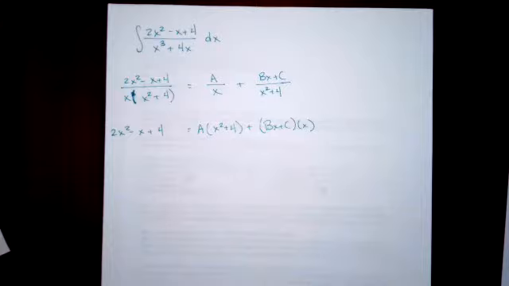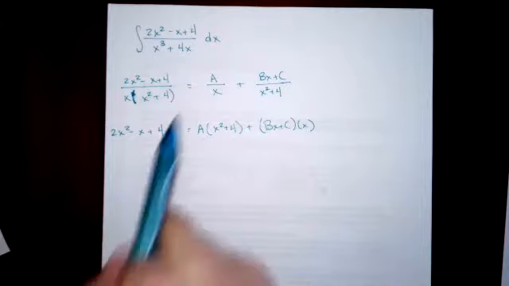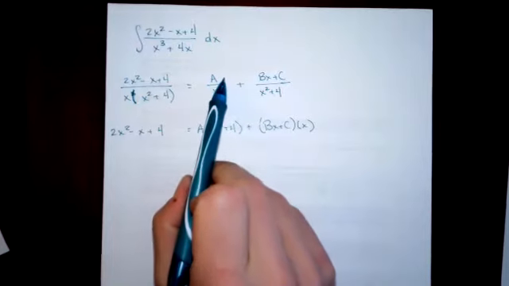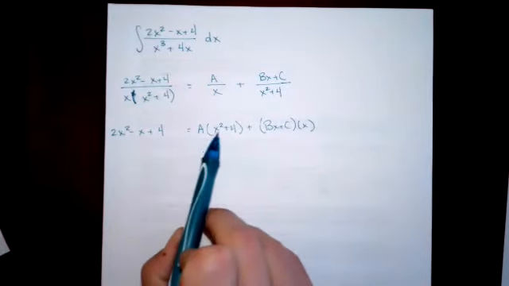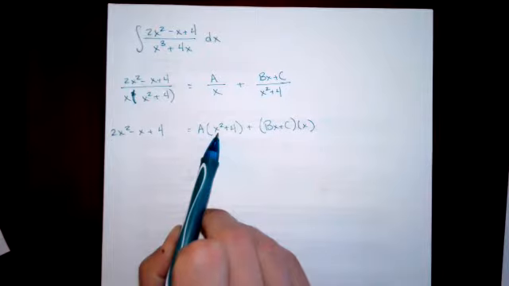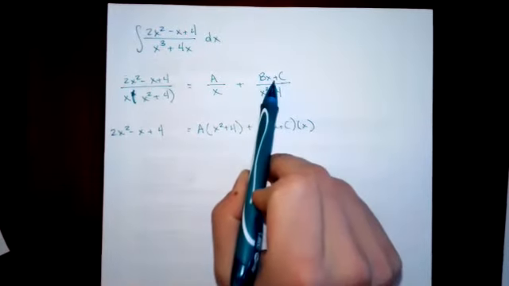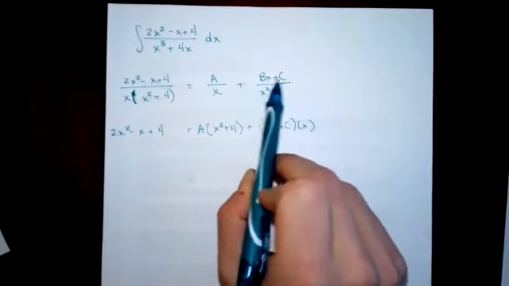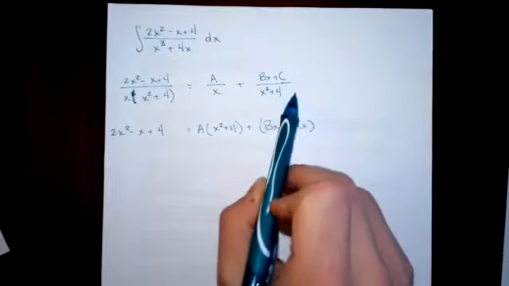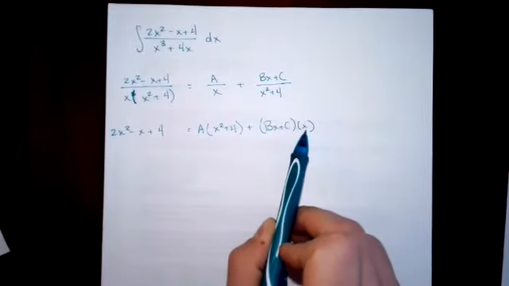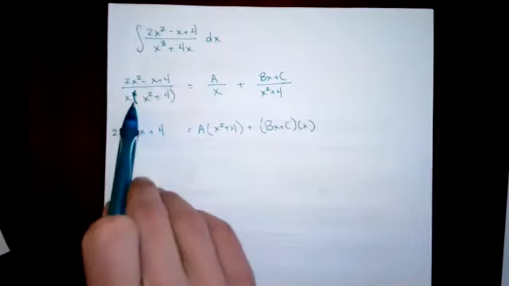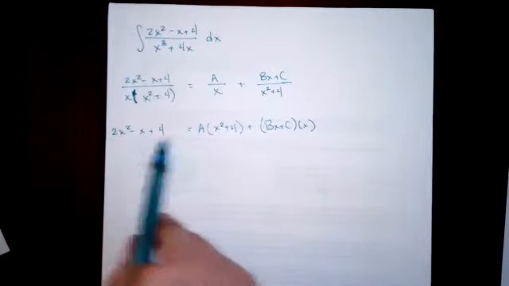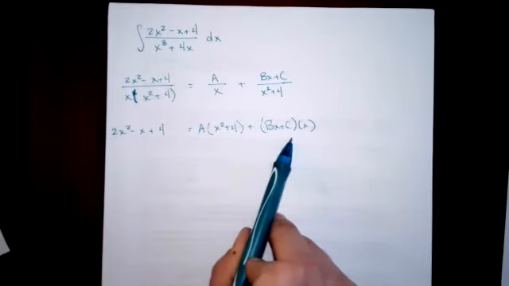So I'm skipping a little bit of steps here. Really, all I did was find a common denominator. I would have to multiply this guy by x squared plus 4 over itself, and so I would have a times the quantity x squared plus 4. This guy, I would have the quantity bx plus c times x over x. So that's where the x goes. Of course, then the denominators would be x times x squared plus 4 under both of those.